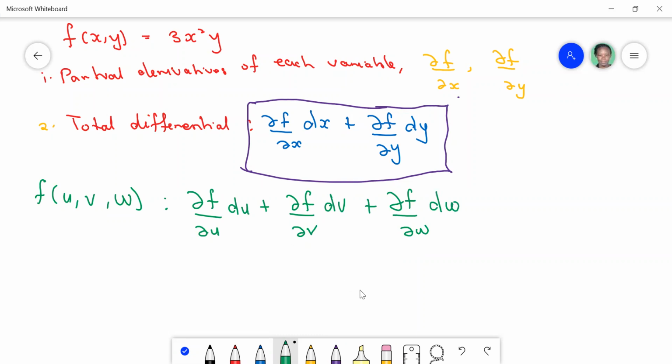That is what it means. So with this example, let's look at it.